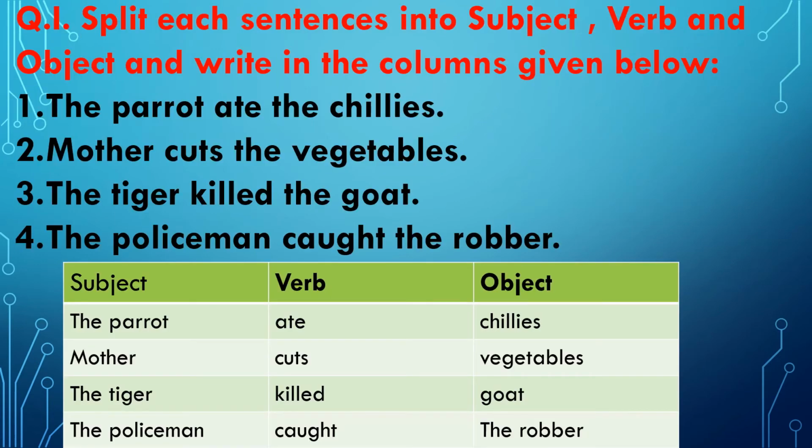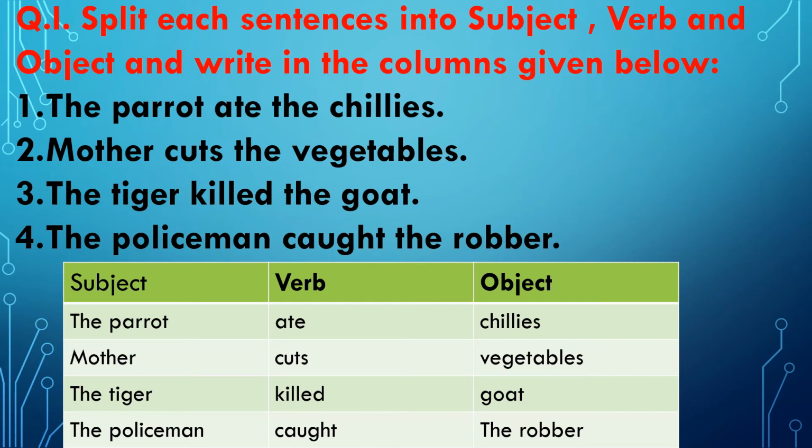Question number 1. Split each sentence into subject, verb and object and write in the column given below. First one, "The parrot ate the chilies." Now what is the subject over here? The parrot. Verb, what action is the parrot doing? Eat. So the verb is eat and the object is chilies.